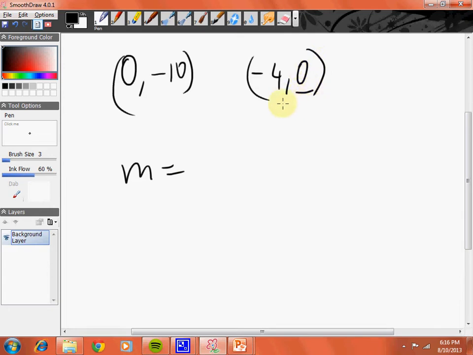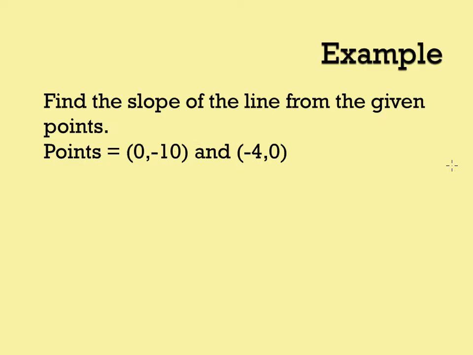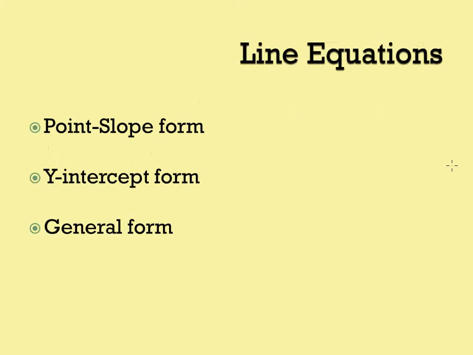Let's let this be y2 and that's y1. So 0 minus -10, and then since this is y2, this is going to be x2, so it's going to be -4 minus 0. We end up with positive 10 over -4, which gives us -2.5. So that's how you find the slope.